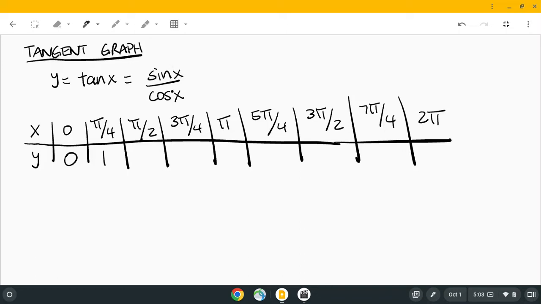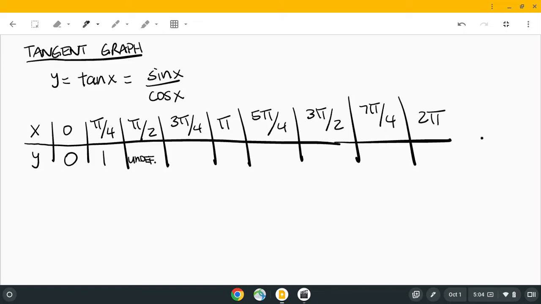So 1 over 0 is actually undefined. Undefined. Okay.